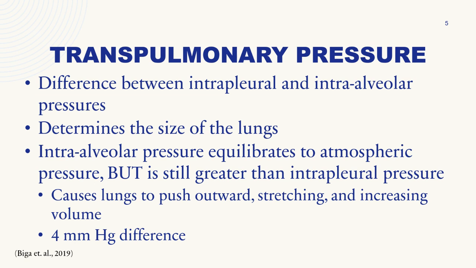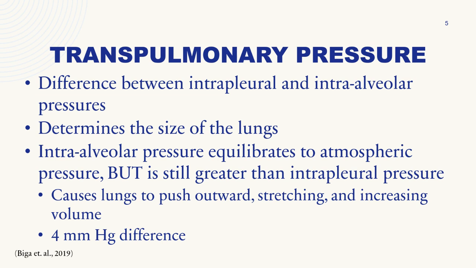So, it makes sense like this, right? Intraalveolar pressure is greater than intrapleural pressure. However, it is still equal to atmospheric pressure. This causes more pressure to push out than the pressure that is pushing inward, causing the lungs to push outward, stretching, and then ultimately increasing lung volume.